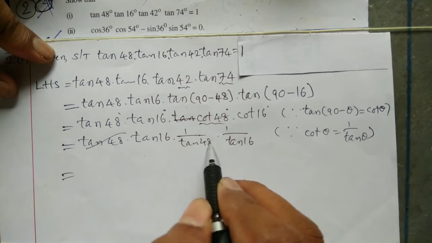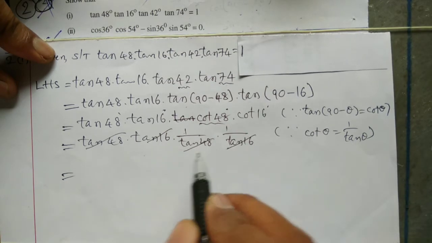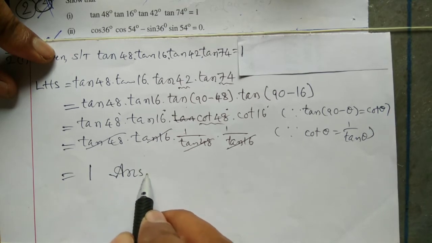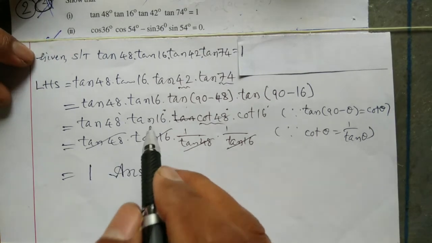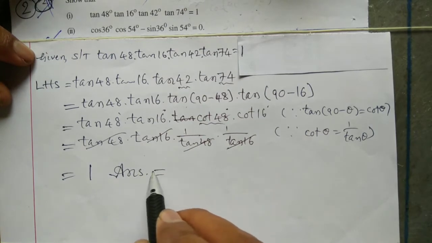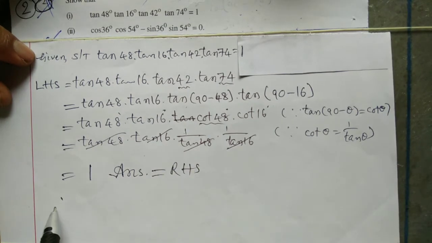Now tan 48 and tan 48, tan 16 and tan 16 cancel. So 1 is the answer. This is LHS is equal to, we got RHS. Therefore LHS is equal to RHS. Hence proved.